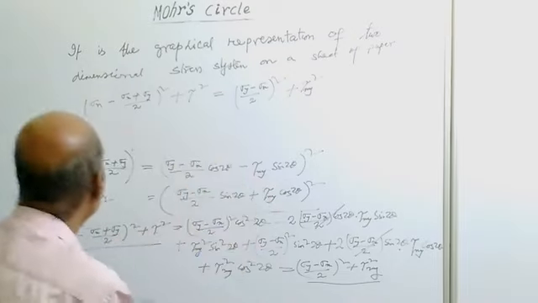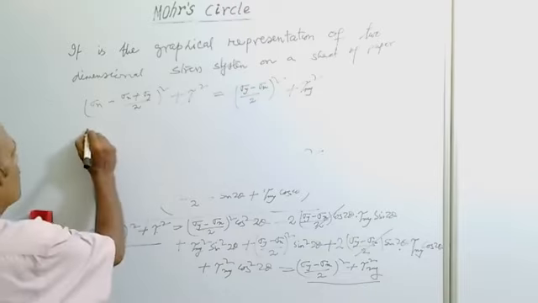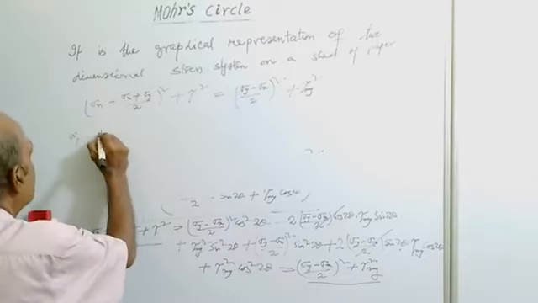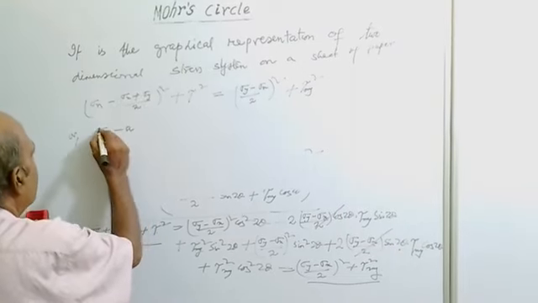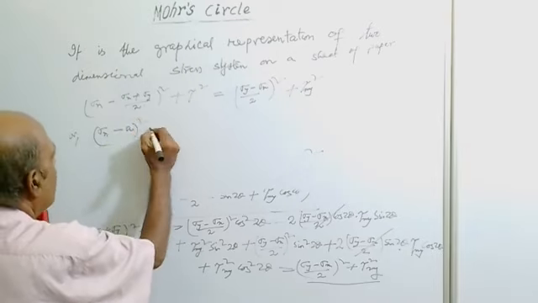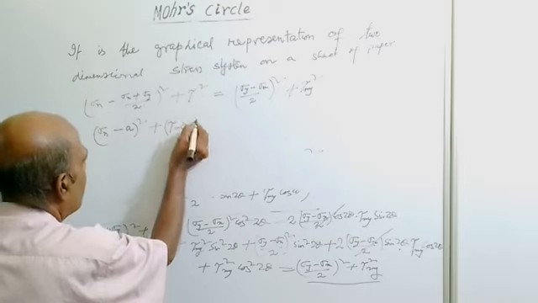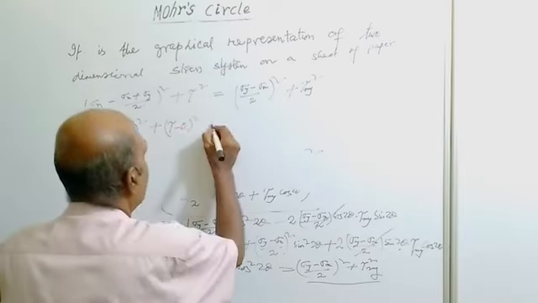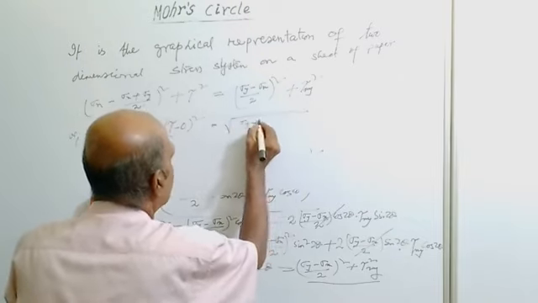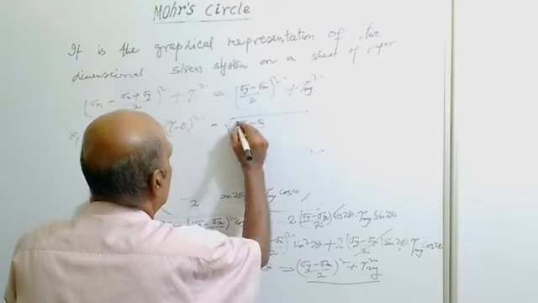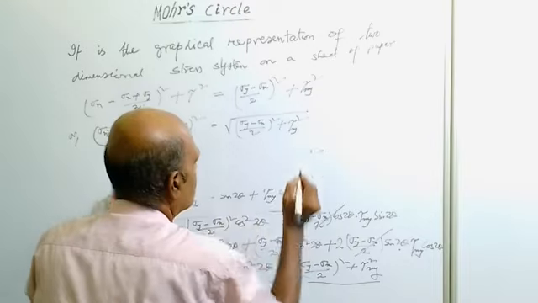Now you can see this is the equation of a circle, because we can write sigma n, and this is a constant value, so we can write (sigma n minus a) whole square plus (tau minus 0) whole square is equal to the square root of ((sigma y minus sigma x)/2) whole square plus tau xy whole square.